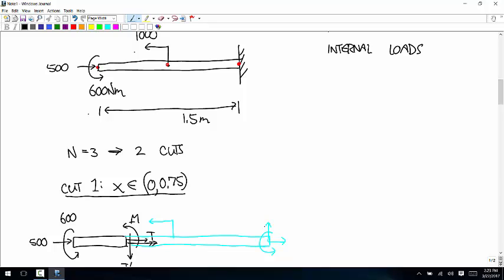We're isolating a piece that goes all the way from the left end to some X value. And that X value, where the right end is, has to fall in that range. So the piece we isolate is going from X equals 0 to X equals X.